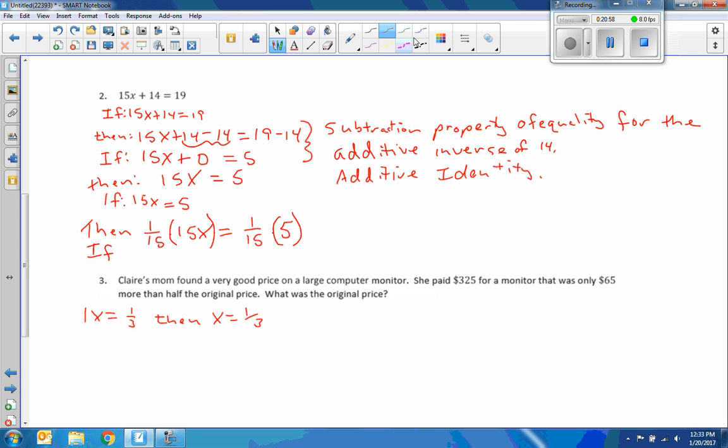Okay. And then we're going to go on to the next step right here, and this is the multiplicative property of equality for the multiplicative inverse of 15.